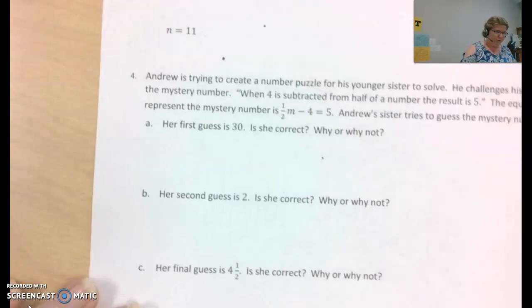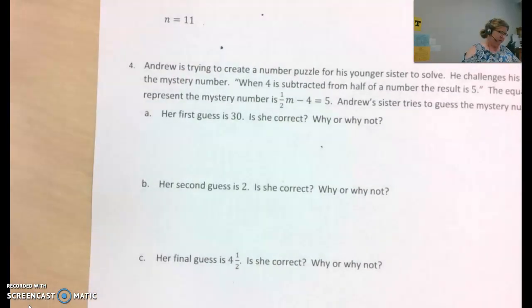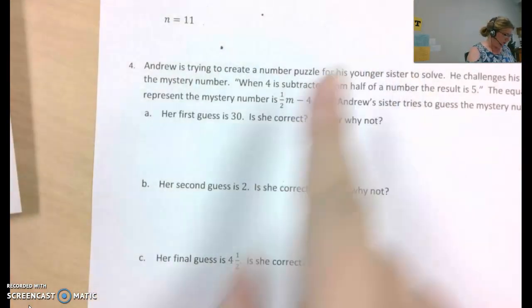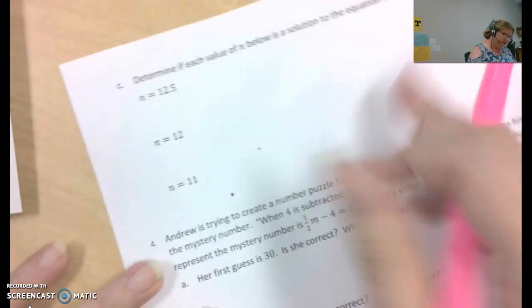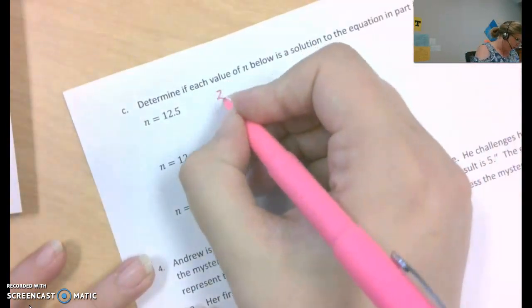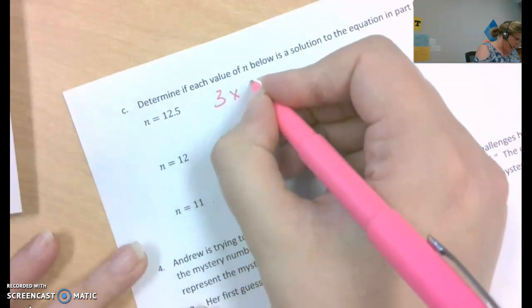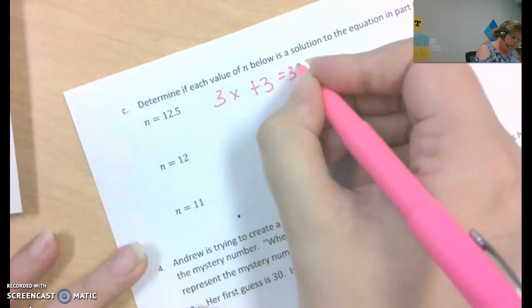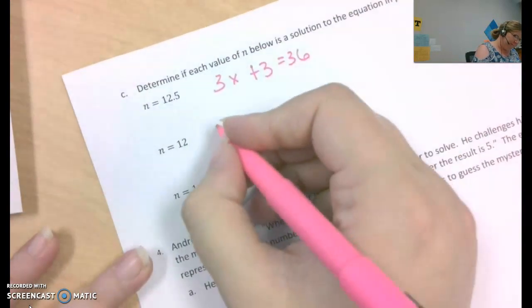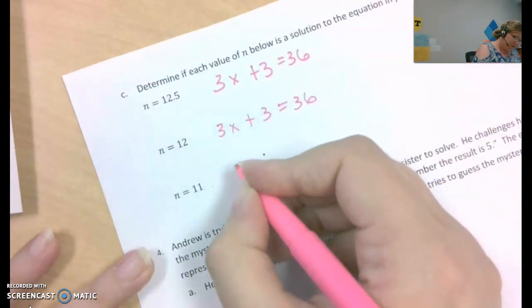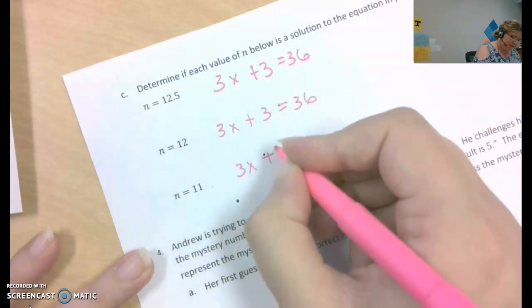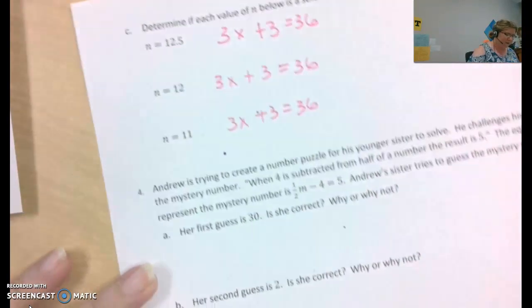I think we have one more page. Oh, and it's related back. So determine if each value is a solution to our equation, which was this. Let me just write the equation, and then we will substitute each of these values in.